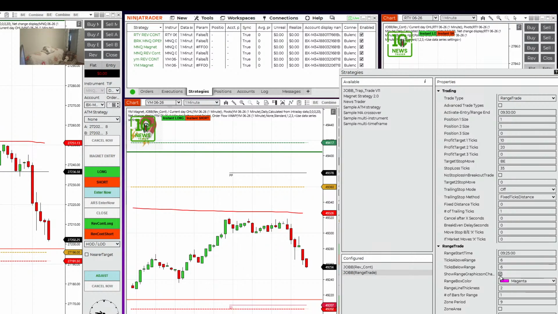Show the range graphics on chart is checked. Range ends at 9:30:00. Target 1 is a 10, target 2 is a 20. The stop is 35. Target 1 stop move is BE for break even.